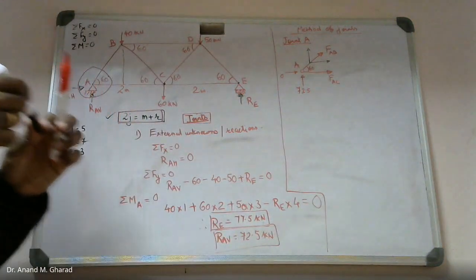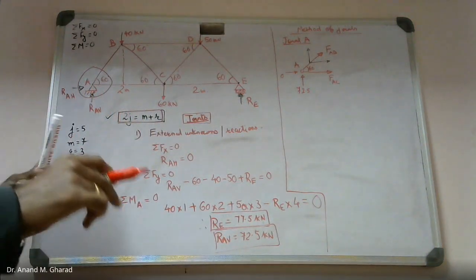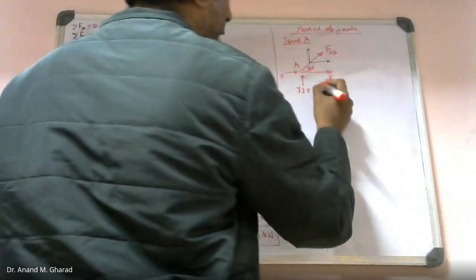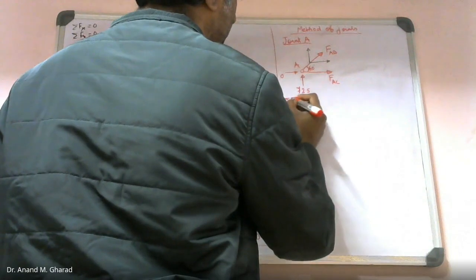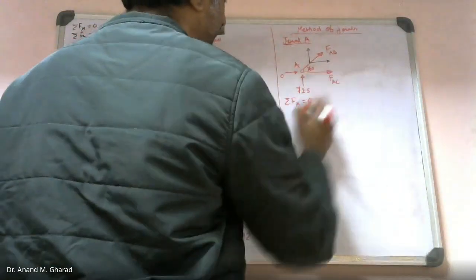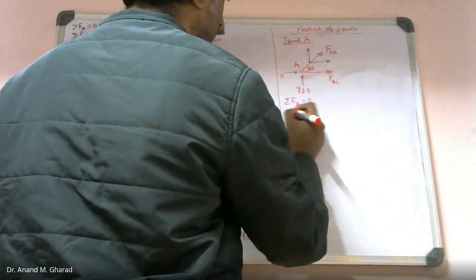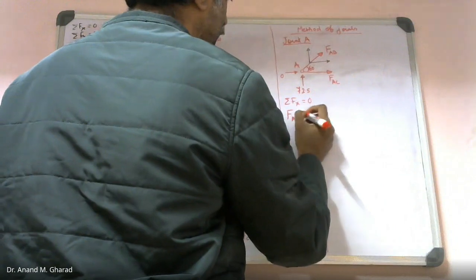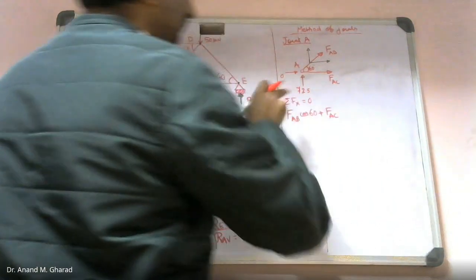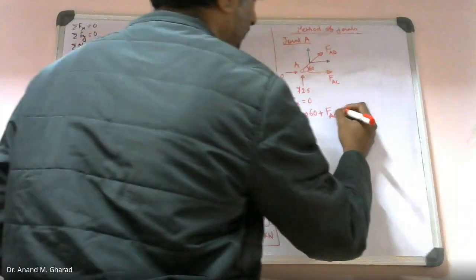Everything is in equilibrium, because of which we can draw the free body diagram and make use of the equations of equilibrium. Summation of force in x direction equal to 0: FAB cos 60 plus FAC equal to 0.